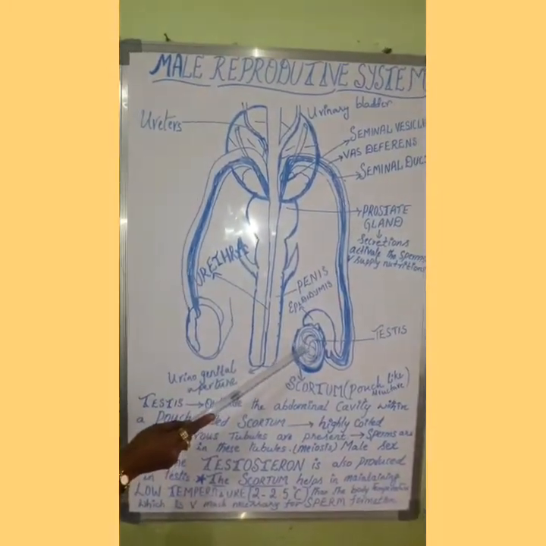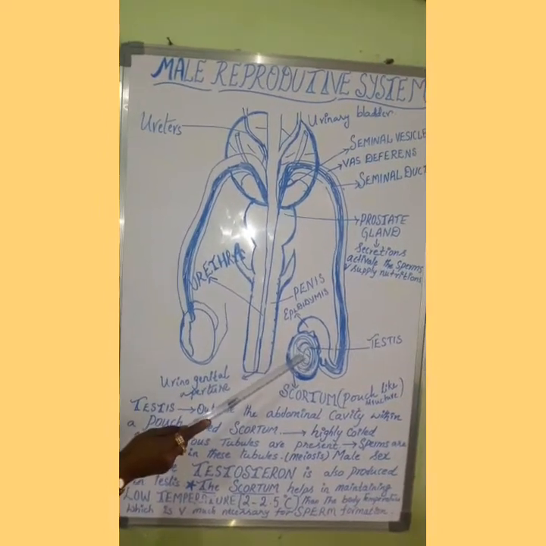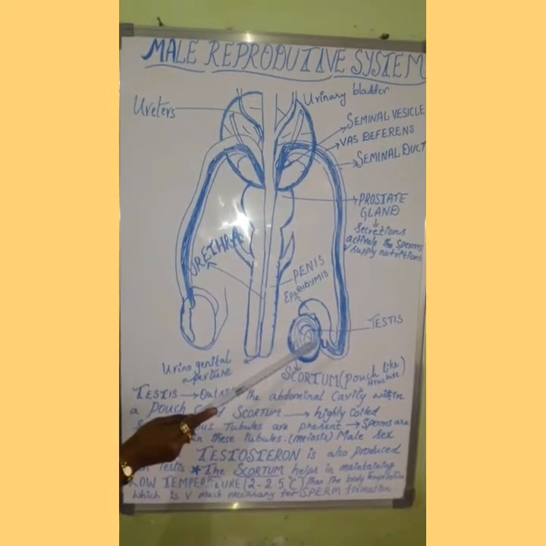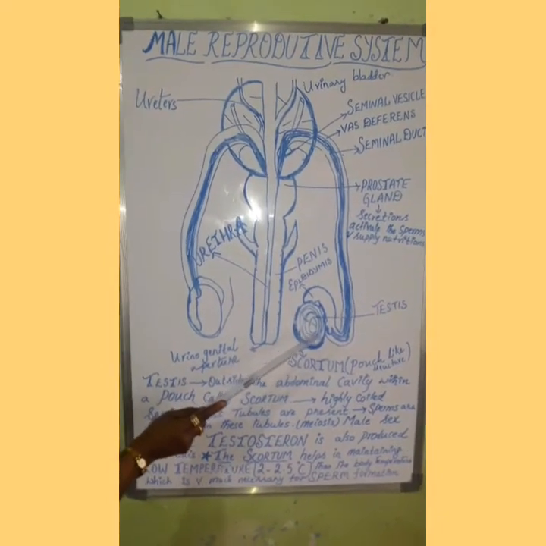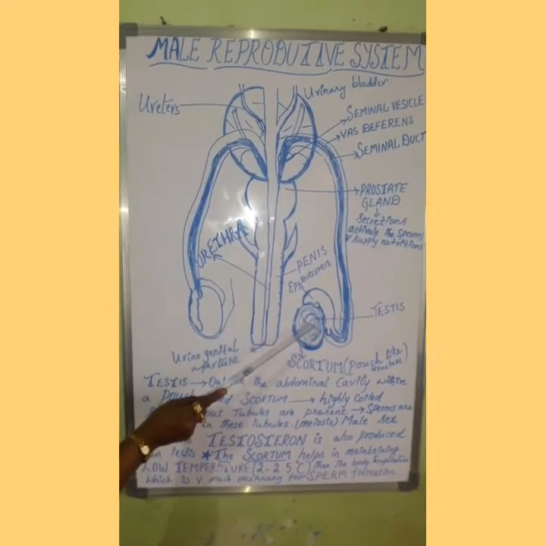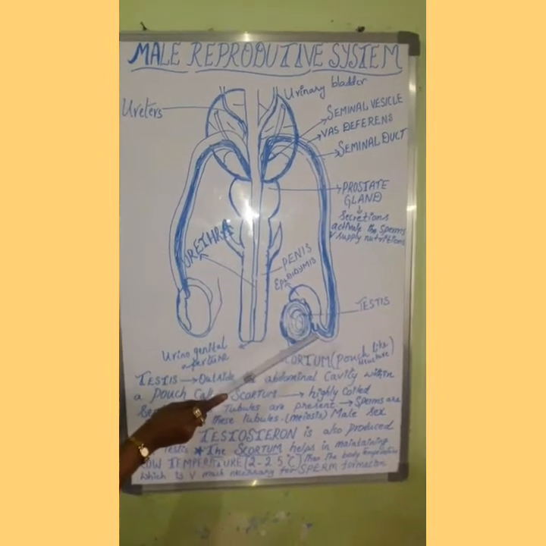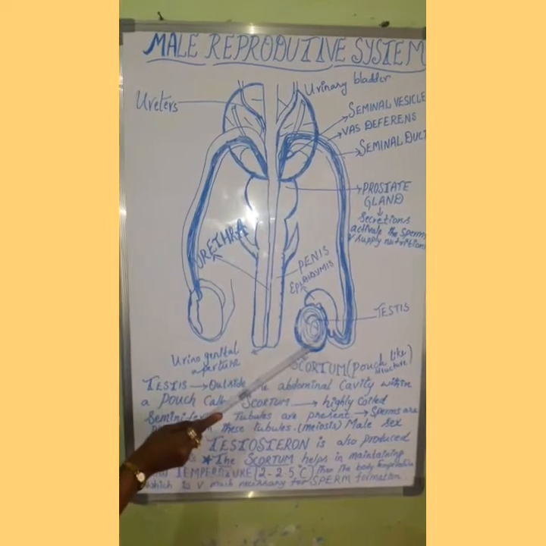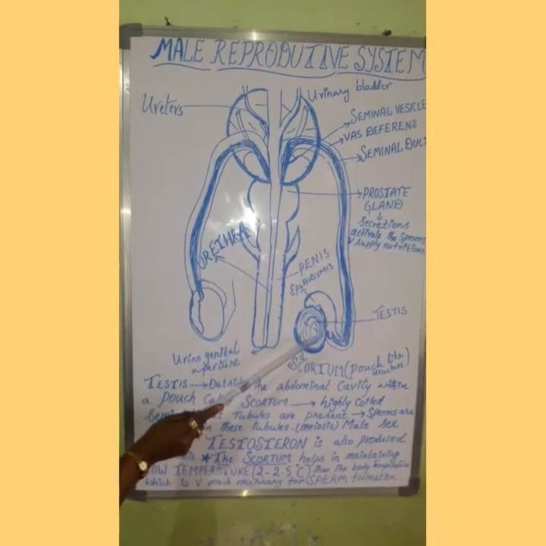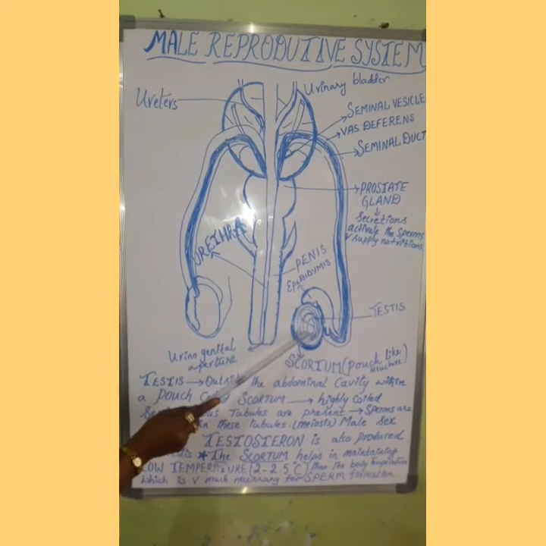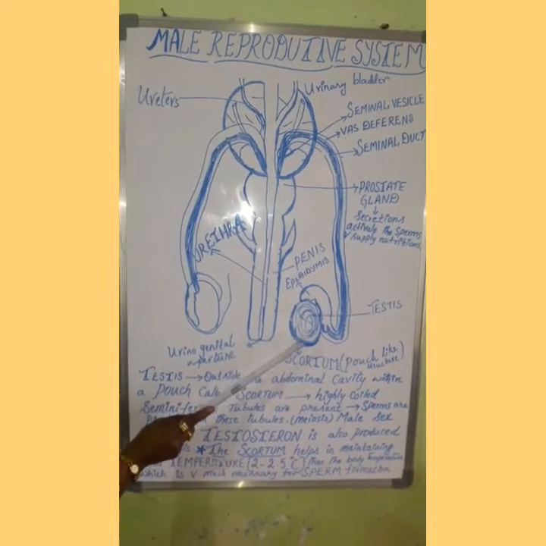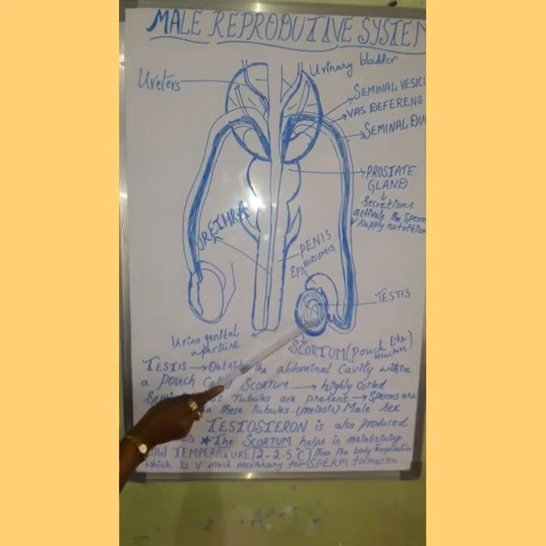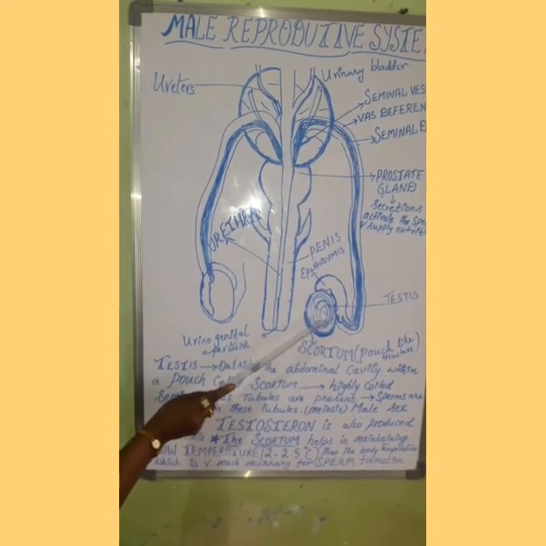Now the question is, why is the testis located outside the abdominal cavity? The scrotum is a pouch which encloses the testis.